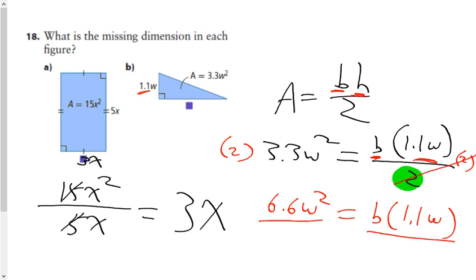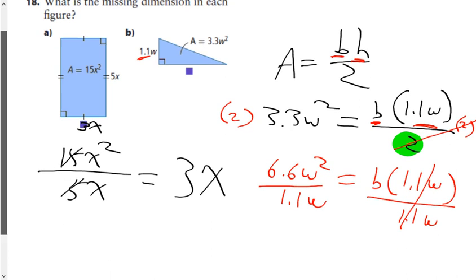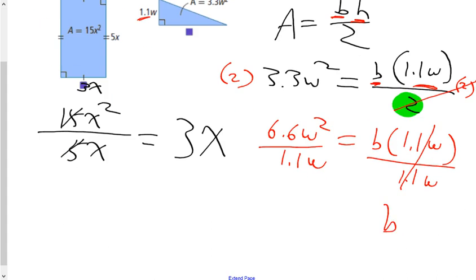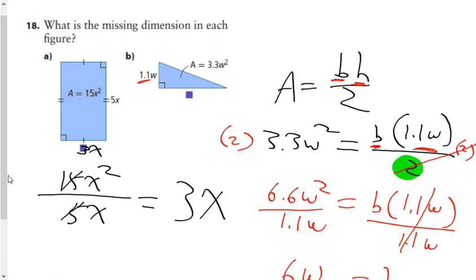No, 1.1 w. And by doing that, I end up with an isolated b equals 6.6 divided by 1.1 is 6. W squared divided by w is w. And therefore, the base must have been 6w.